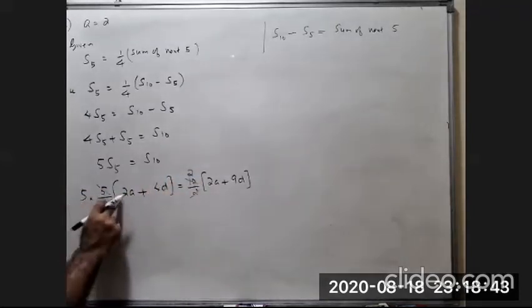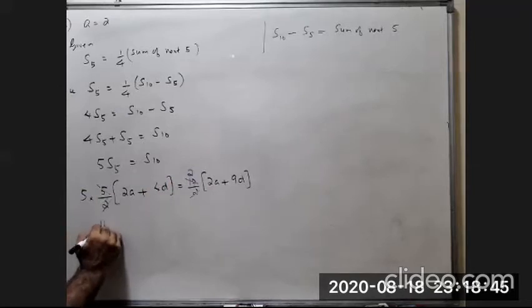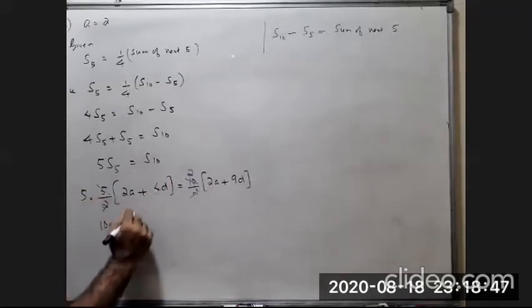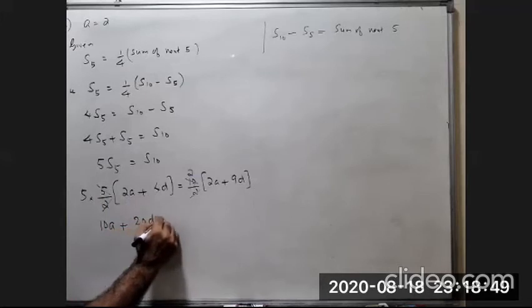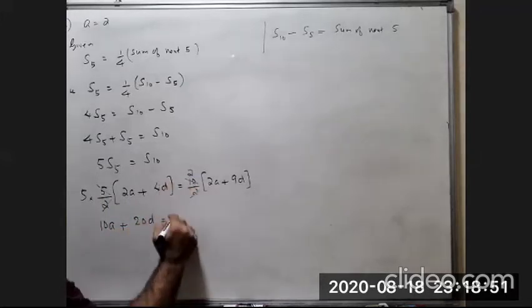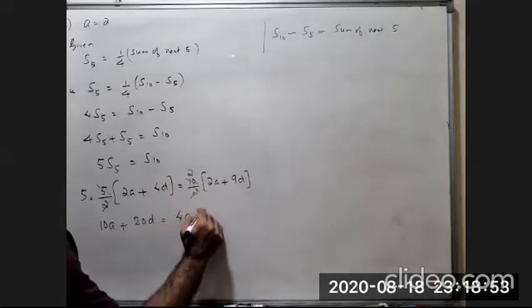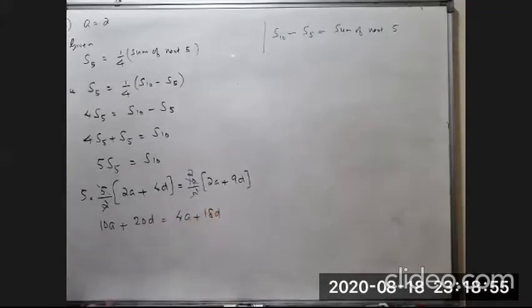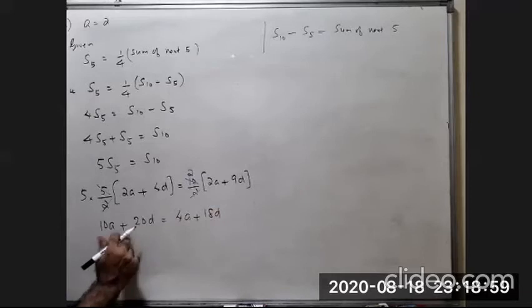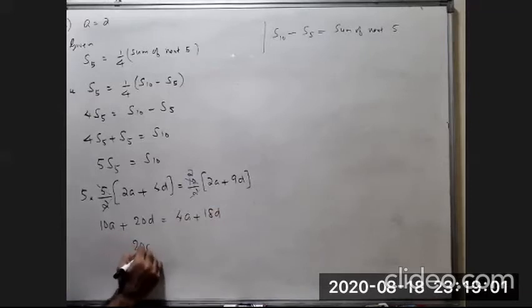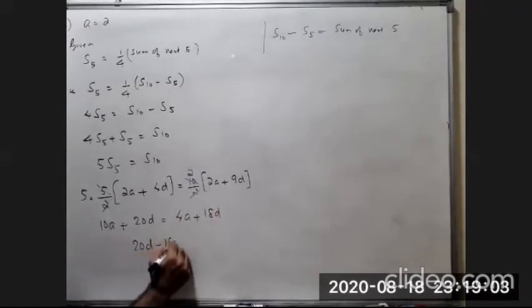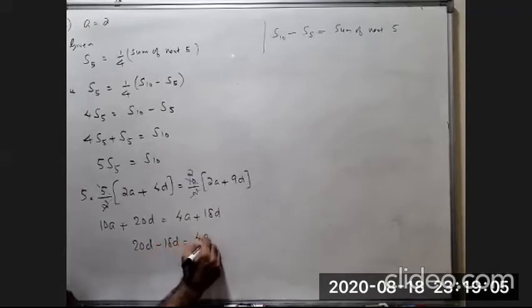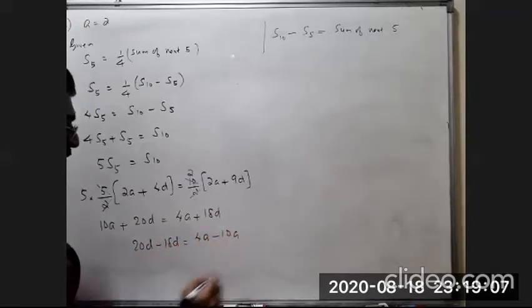Again, opening the brackets: 5 2s are 10A, 5 4s are 20D, 2 2s are 4A plus 18D. Taking D to one side, 20D minus 18D is 2D, and 10A minus 4A is 6A.